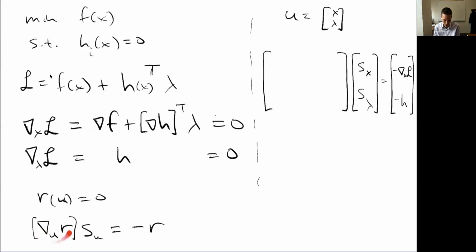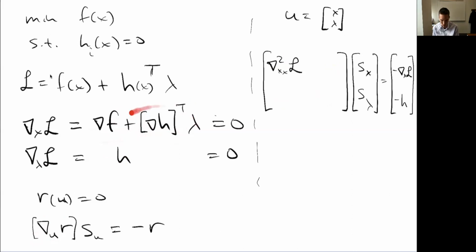Here I have to take the derivatives of R. So this is going to have 4 entries. This is going to be the partial of these residuals with respect to X, and the partial of these with respect to lambda, and the partials of these with respect to X, and the partials with respect to lambda. So the partial of this first equation with respect to X is just going to be the second derivatives with respect to X of the Lagrangian.